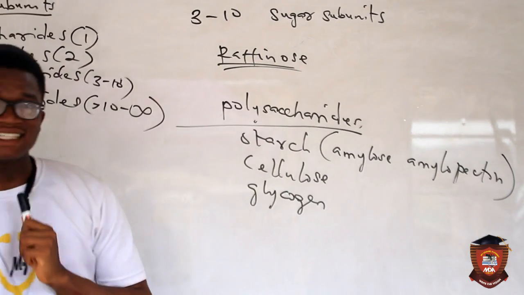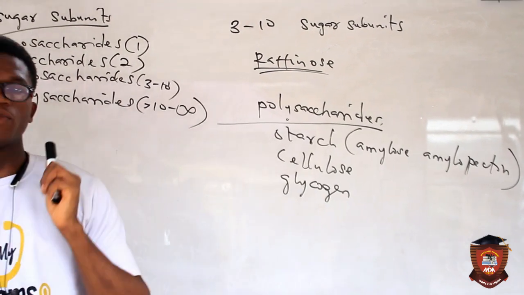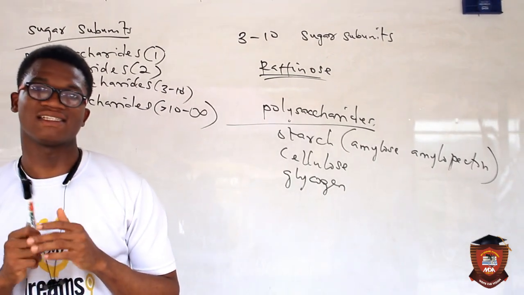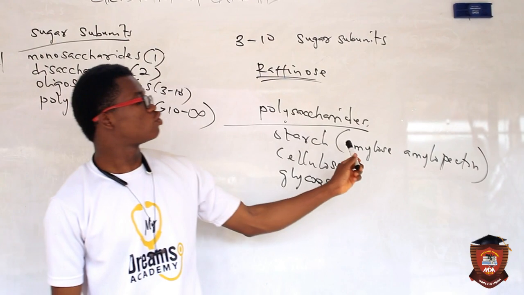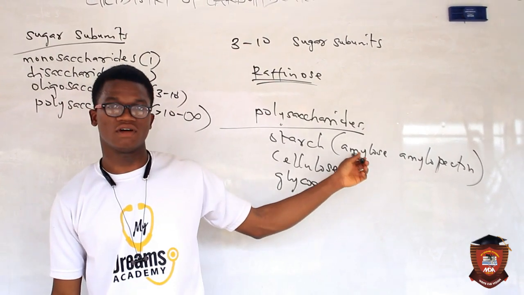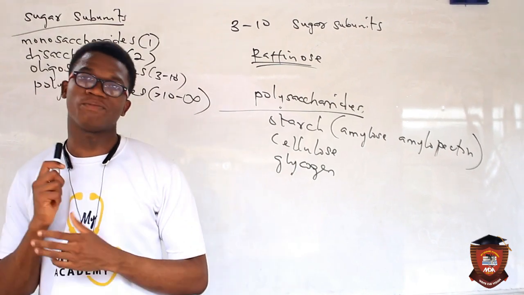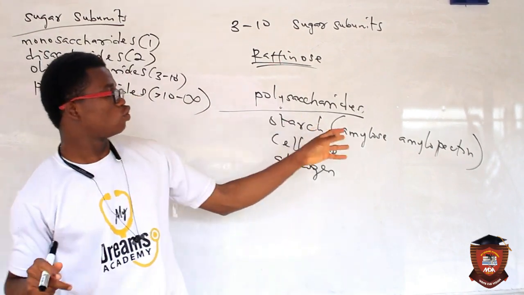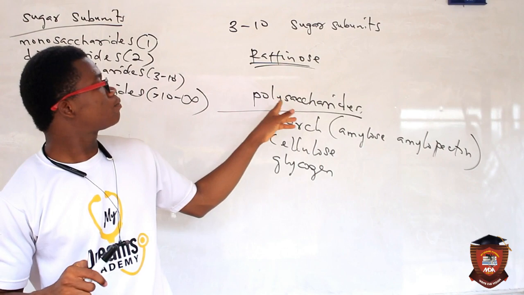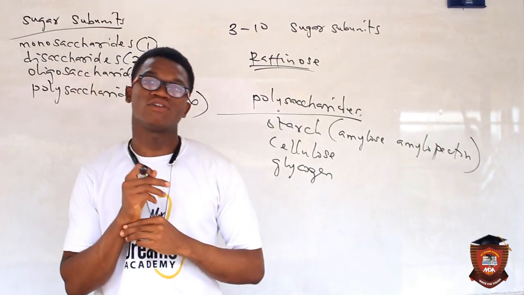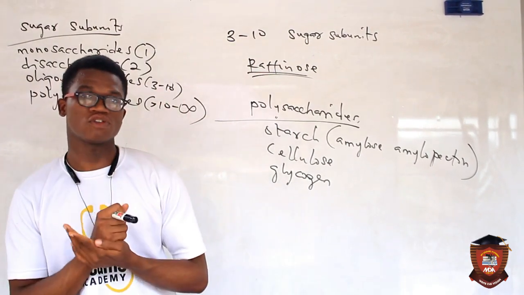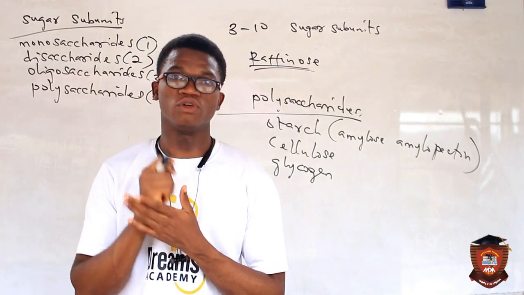So starch is the storage form of carbohydrates in plants, and starch has a soluble part, amylose, and an insoluble part called the amylopectin. Both of them are also polysaccharides, and these polysaccharides can either consist of the same monosaccharide or different monosaccharides.